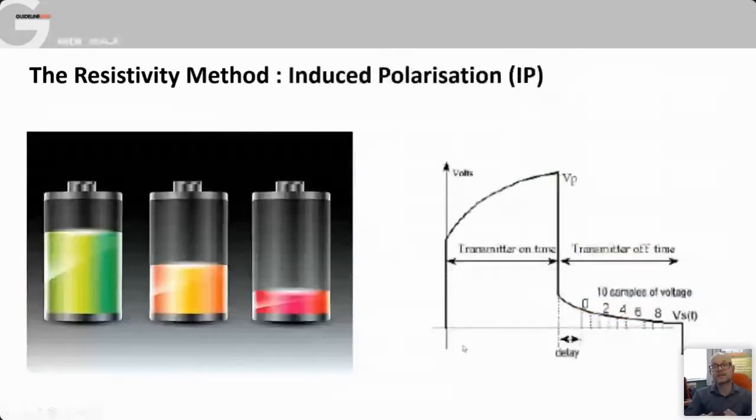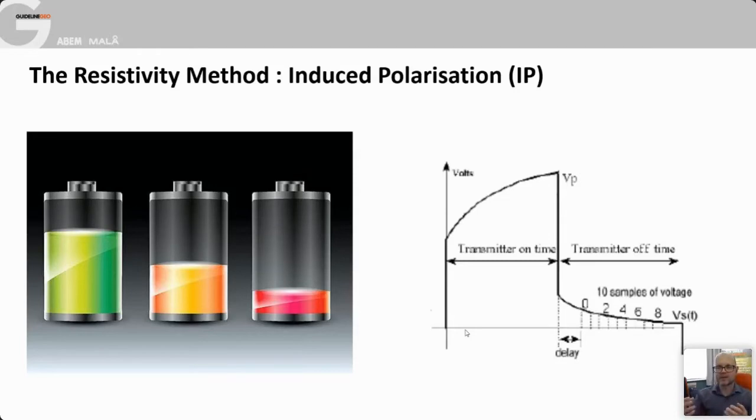As well as resistivity data, we can collect information about the chargeability of the ground at the same time. So rather than just look at the fixed voltage that sits in the ground whilst a current is flowing, we could actually consider the ground to be a bit like a battery and look at how quickly it charges up and discharges. So we switch the current on to take our voltage measurement to calculate resistivity.